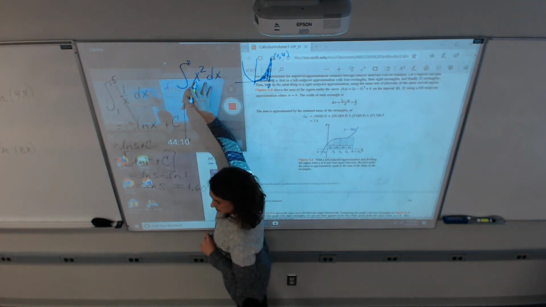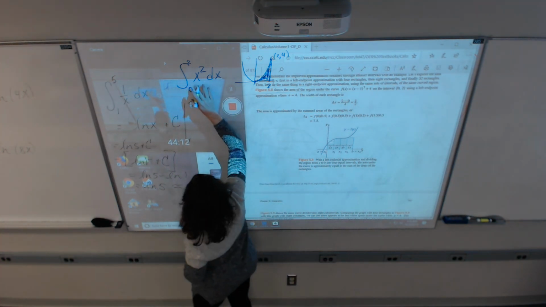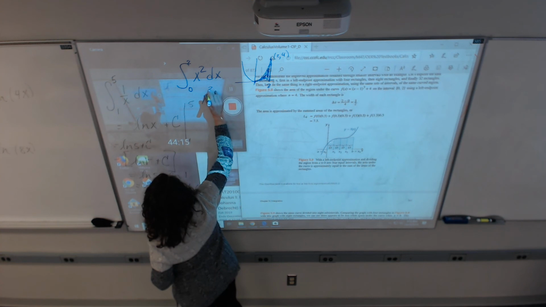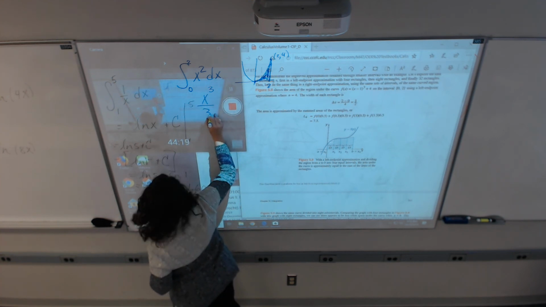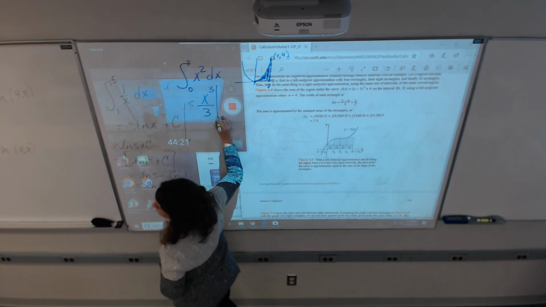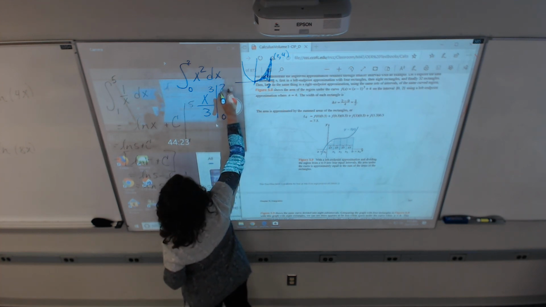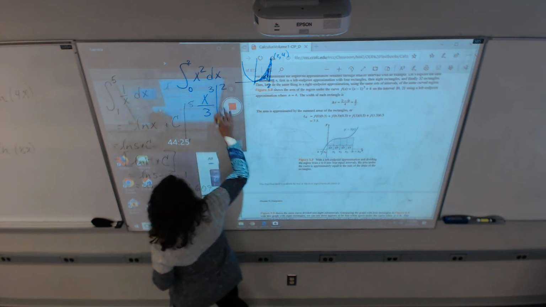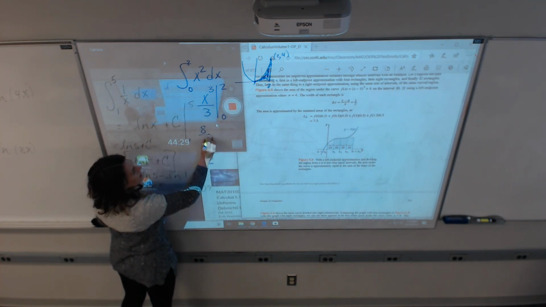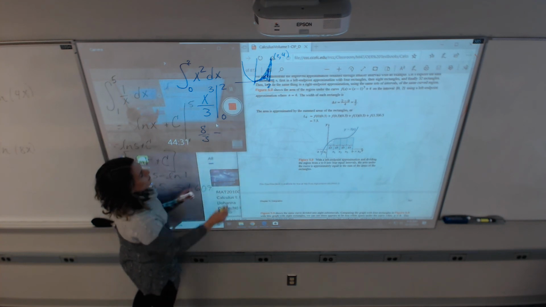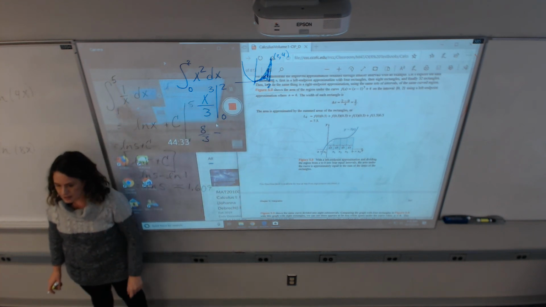Then I do the antiderivative, which would be x to the third over 3, evaluated between 0 and 2. So I would plug this into the top one. That would give me 8/3. Well, if I plug in 0, what do I get?